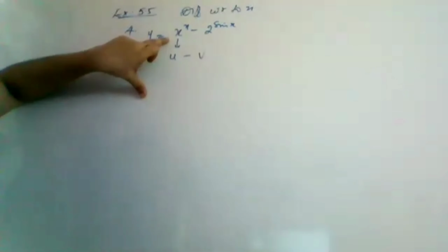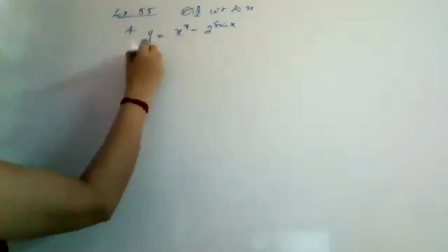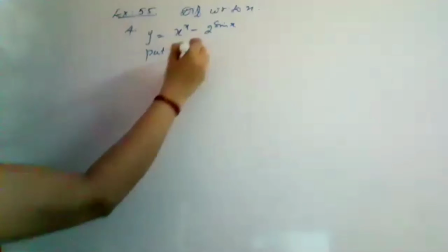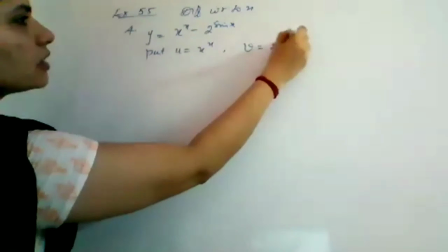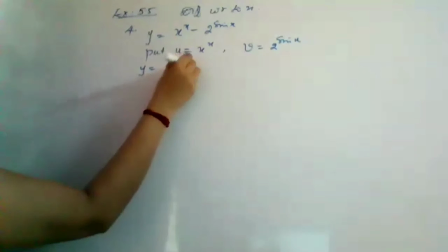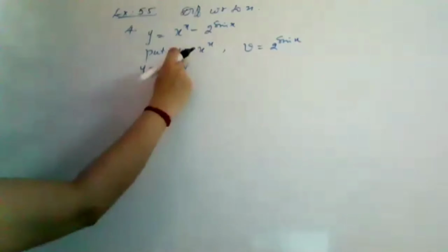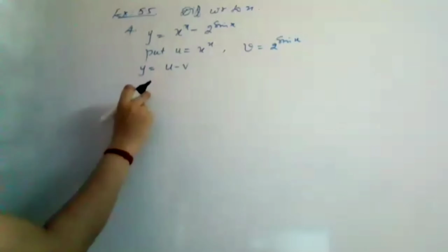What you need to do, you have to take your first term as some variable and the next term as another variable, so that the question reduces to y is equal to u minus v, where u is this and v is this. That means you have to do them separately and write the answer here. Now how?